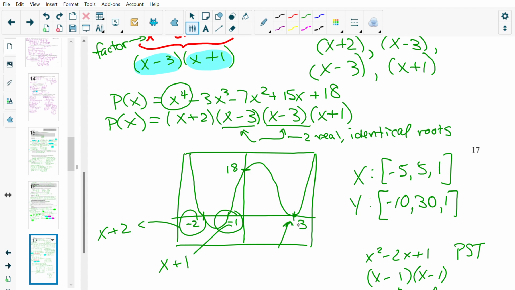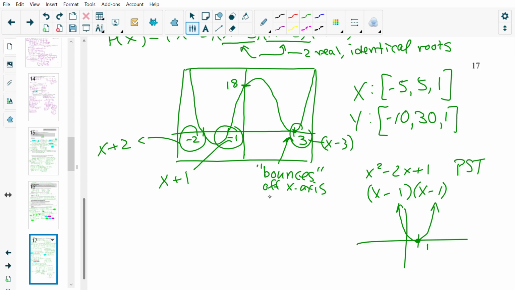So when you have the 2 real identical roots, it does this weird thing. So let's just label this as x minus 3. It kind of bounces off the x-axis, but doesn't cross, but doesn't go across.